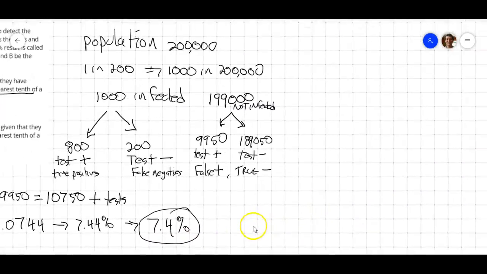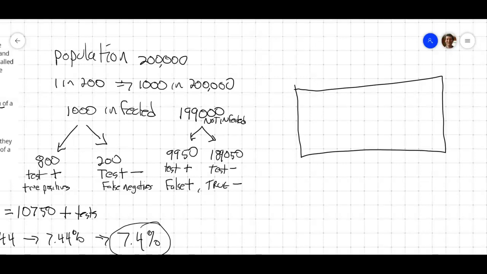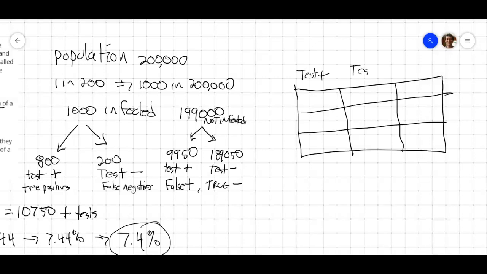All right. Now, this information is often put into a table. So let me just demonstrate this table. Not drawn very nice. So let's see, we have 3 columns and 3 rows, and this is test positive, test negative, total, and infected, not infected, and total.